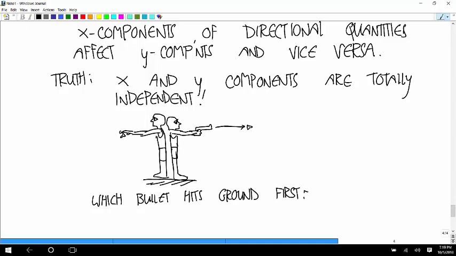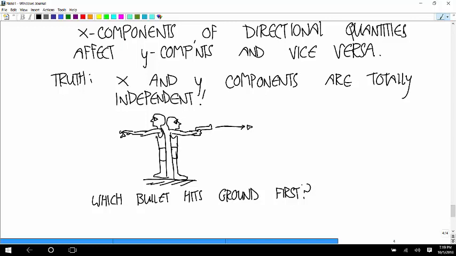They do both hit at the same time. I think it's a pretty common intuition to think that there's something about the fact that this is fired with a really high horizontal velocity that keeps it from hitting the ground as fast. But the truth is, if this is fired horizontally, that's an x component.